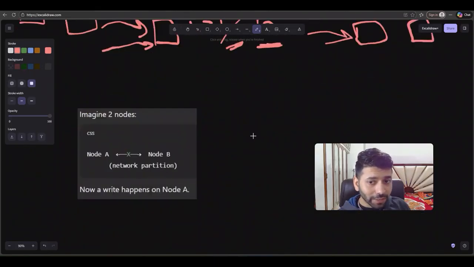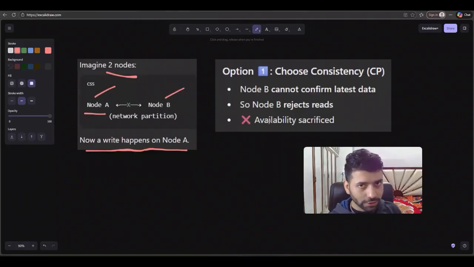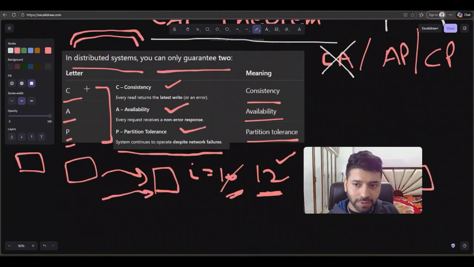Let's try to understand that with an example. Say we have two nodes, node A and node B. This is the partition that we have, different nodes out there. Now we will see two scenarios here. In option one, first we are focusing on consistency. We said there are three things: consistency, availability, and partition.